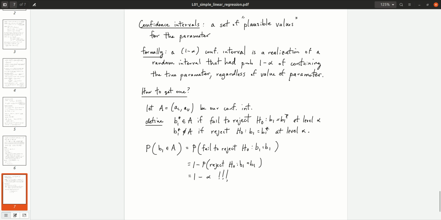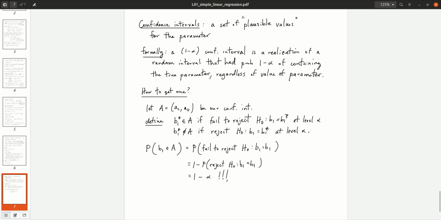So I'm going to define A to be a confidence interval for B1. And so A is an interval. It has a lower bound and an upper bound that I'll call A sub L and A sub U. In the example I just stated, that would be, for example, minus 0.5 to 2.0. But when we're constructing the interval, we don't know what those are going to be beforehand.